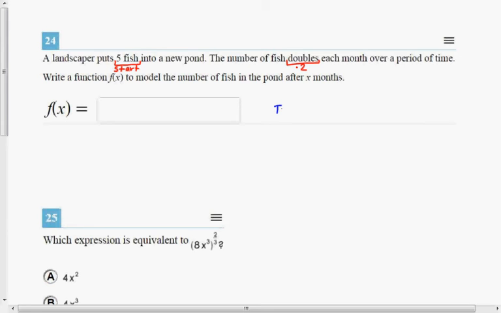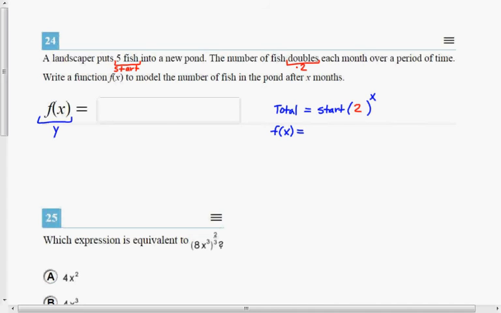So you can always find the total by taking the starting amount and multiplying it by 2 if you want to double. And how many times do we want to double? Well, each month for x number of months. So in this case, the total is being represented by this function notation, f of x.